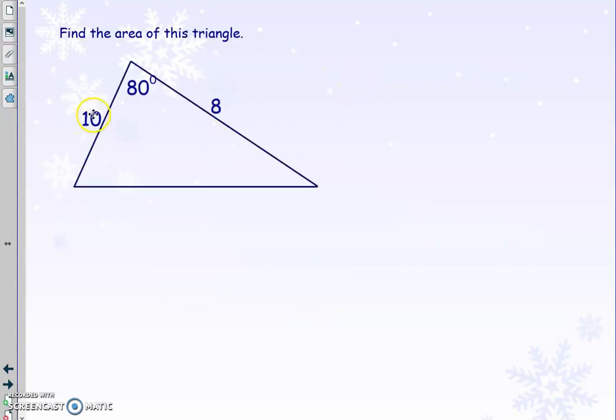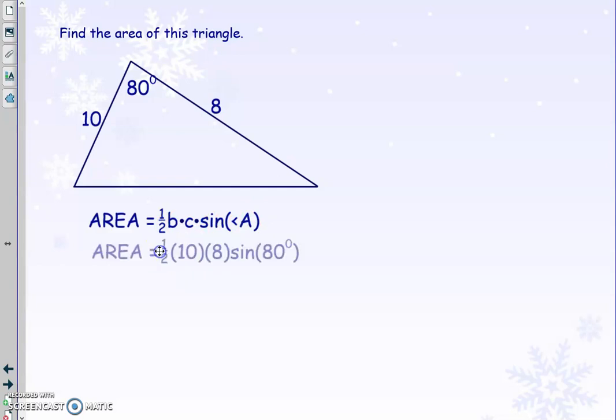So here we go. We have two sides of a triangle flanking an angle. In geometry, we call this a side angle side relationship. This is a perfect candidate for our new formula. So down here we have our formula. Area is 1/2 B times C times the sine of A. Remember, B and C are the two sides that flank the angle.